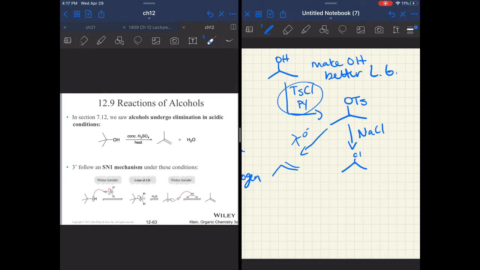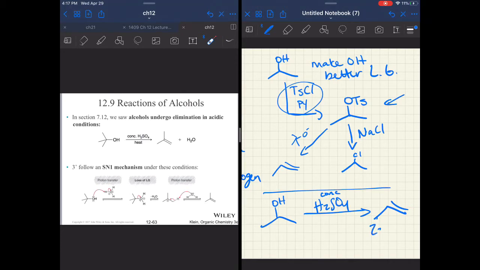The elimination, you can eliminate with OTs like I showed up here in this example. You can also eliminate with acid catalyzed dehydration. And in this case, you just want to use concentrated acid. And that will also give you the elimination reaction. Now, what's important to know is this will always give you Zaitsev.